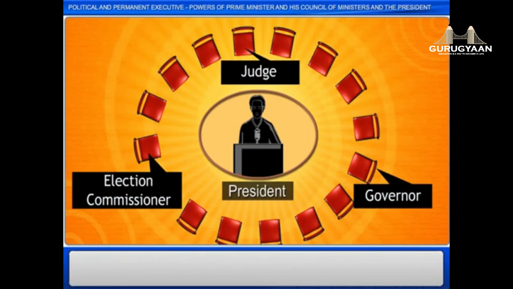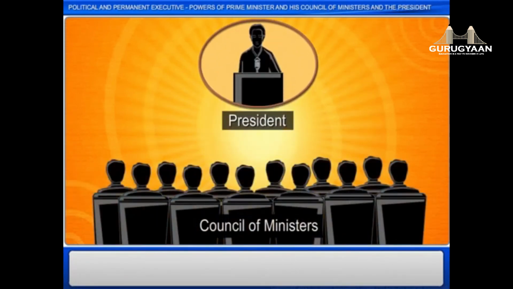All major government activities, policy decisions and laws are issued in the name of the President. The President takes all major decisions based on the advice of the Council of Ministers.